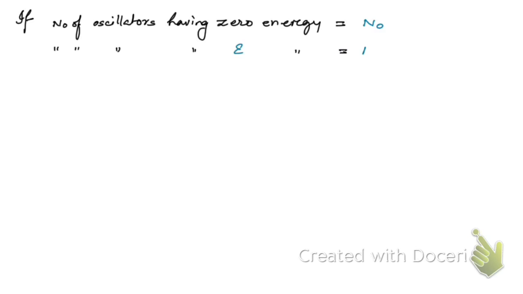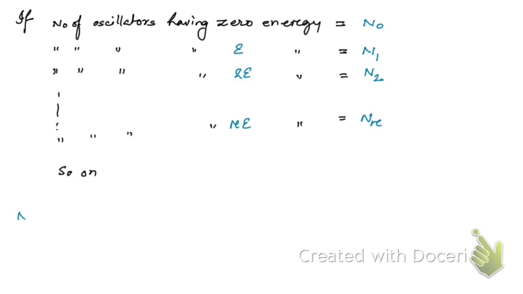Suppose the number of oscillators having zero energy, that means 0 times h nu, is N0, and the number of oscillators having 1 times epsilon, that means 1 times h nu, is N1, and the number having 2 times epsilon, that means 2 h nu, is N2, and the number having r times epsilon, that means r times h nu, is Nr, and so on.